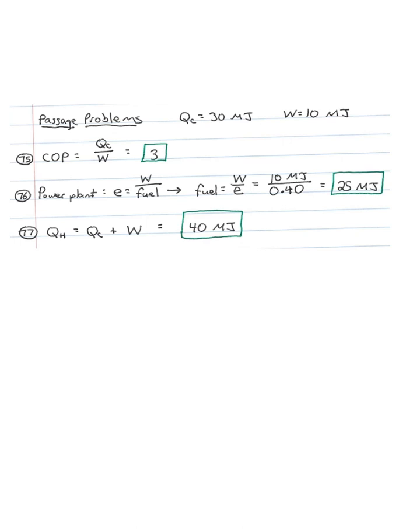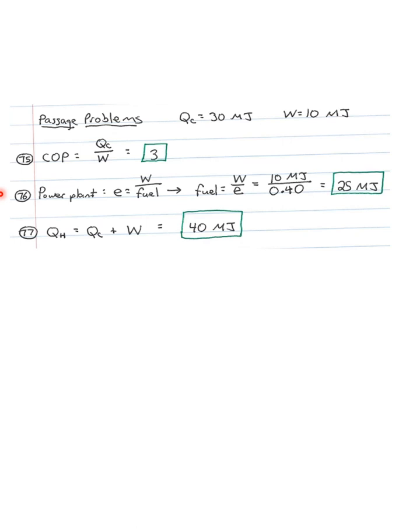Question 76 asks, the fuel energy consumed at the power plant to run this refrigerator for the day is what? And so for the power plant, efficiency is the work done divided by the fuel. And so the fuel that it's asking about is going to be the work divided by efficiency.